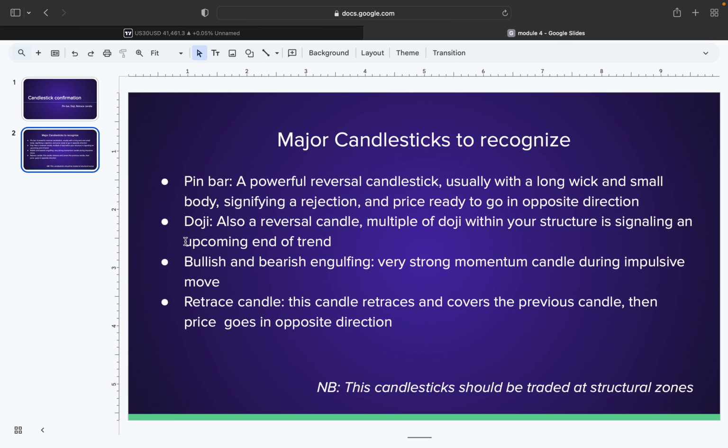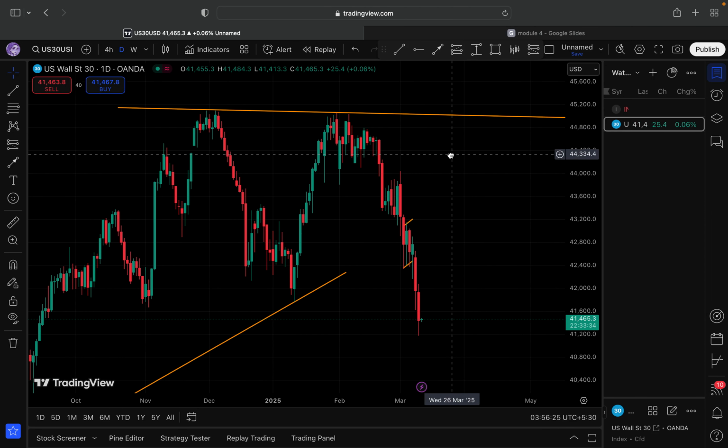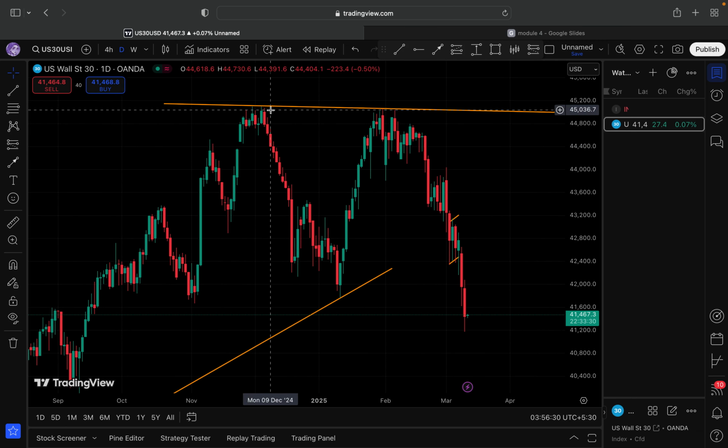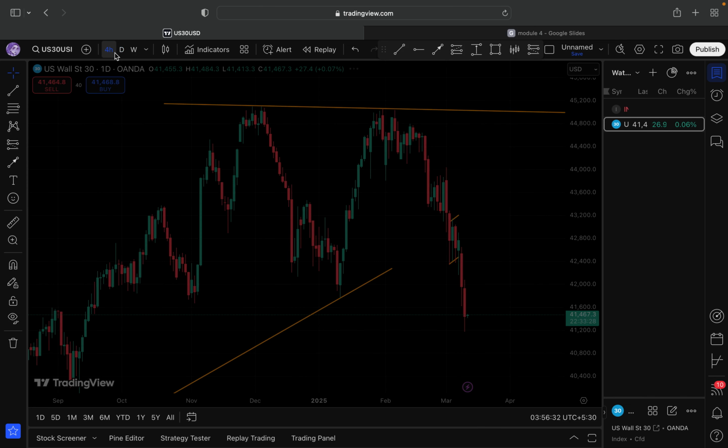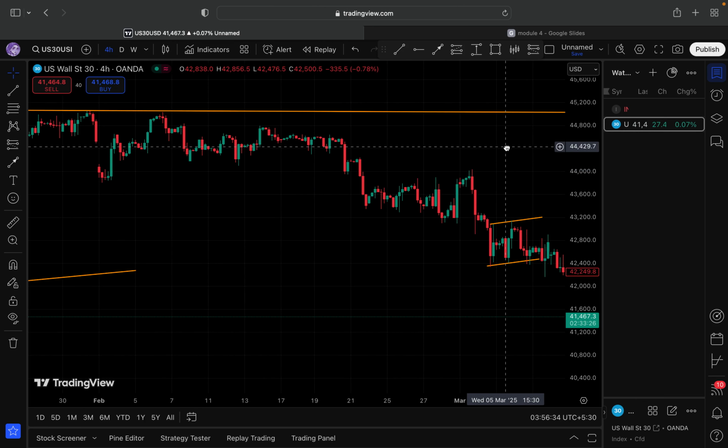our doji. The doji is also a reversal candle, and when you see multiples or a cluster of doji within your structure, it is signaling an upcoming end of trend. Let's say you're analyzing and you see a doji. It looks like this. Let me show you an example.